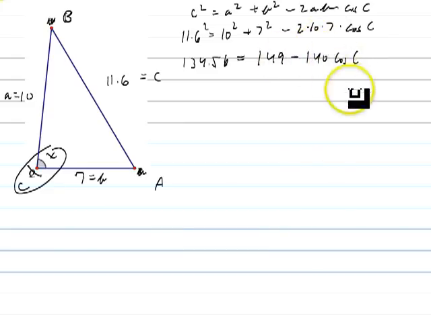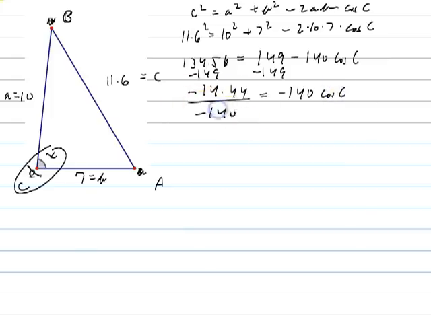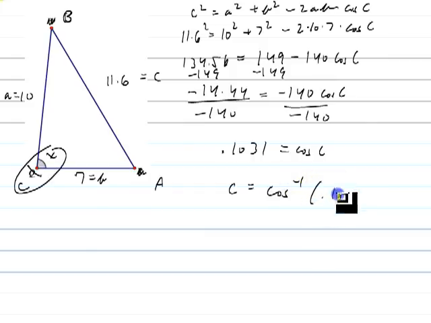Again, don't be tempted to do 149 minus 140. Instead, subtract 149 from both sides to get negative 14.44. This is after taking away 149 from both sides. Equals minus 140 cosine C. Divide both sides by minus 140 to get 0.1031 equals cosine C. And finally, C is cosine inverse of 0.1031, which on the calculator, let me type that in.